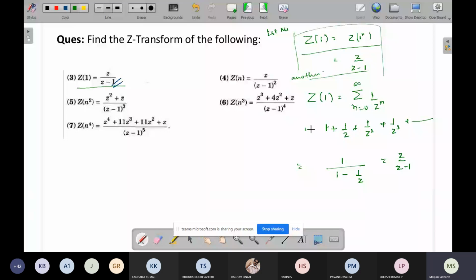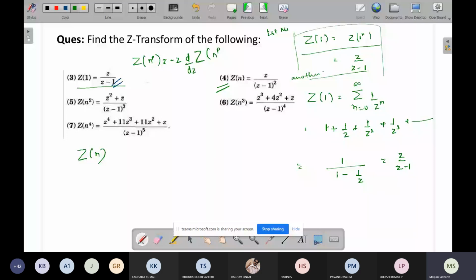Now let's find the Z transform of n with this. Here we use that formula. n power p is minus z d by dz of the Z transform of n power p minus 1, right?